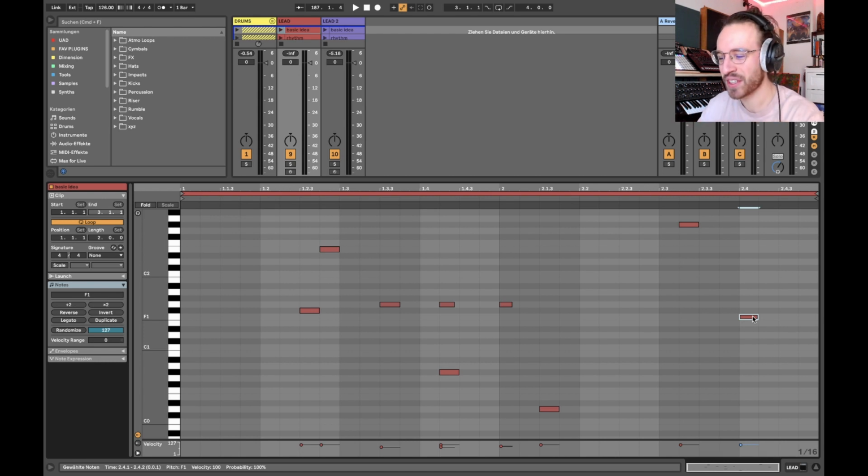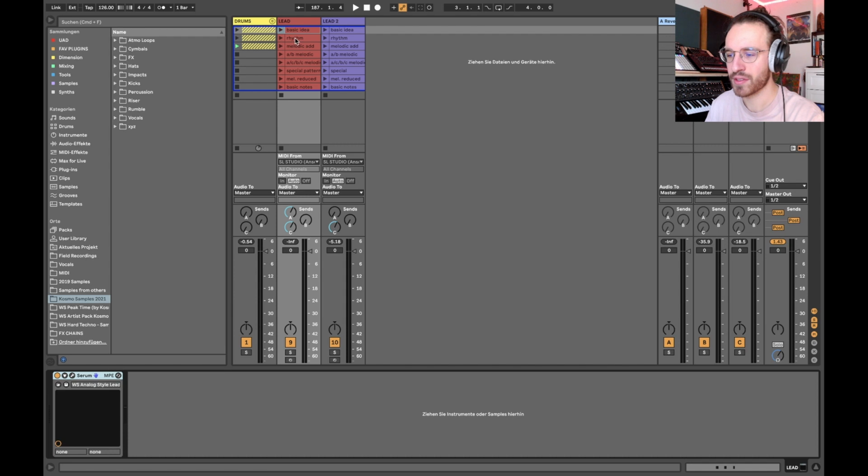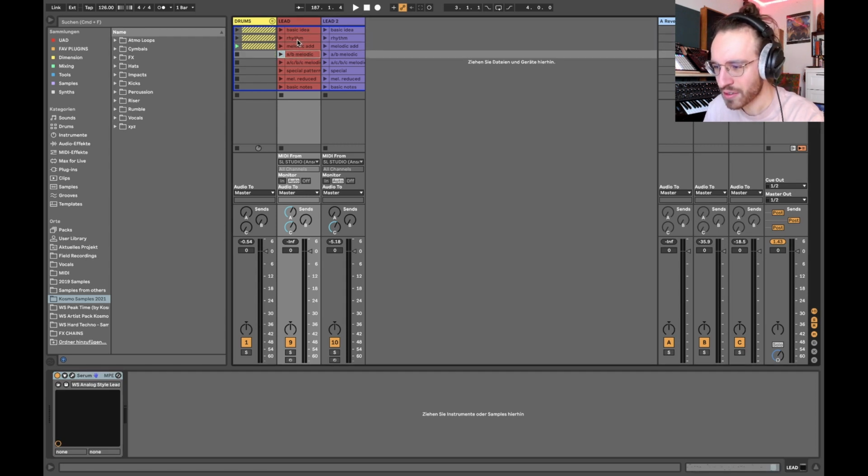And then in the end, when you arrange your track, you have this one pattern which is super complex and you have no idea how to actually arrange it. Because when you arrange it, maybe in the beginning you would need something like this. And then after 1 minute, you would maybe add another note, another rhythm, and slowly build it up. So you can see all those different clips here. We're going to go through them step by step now.